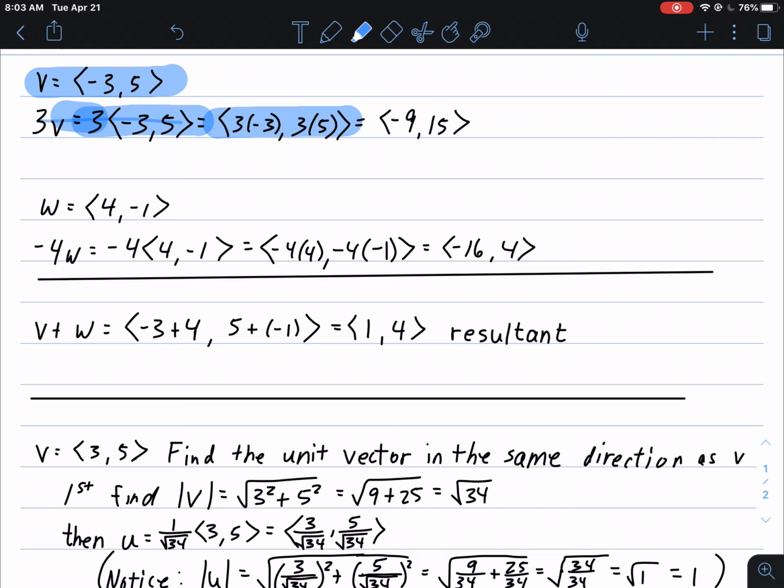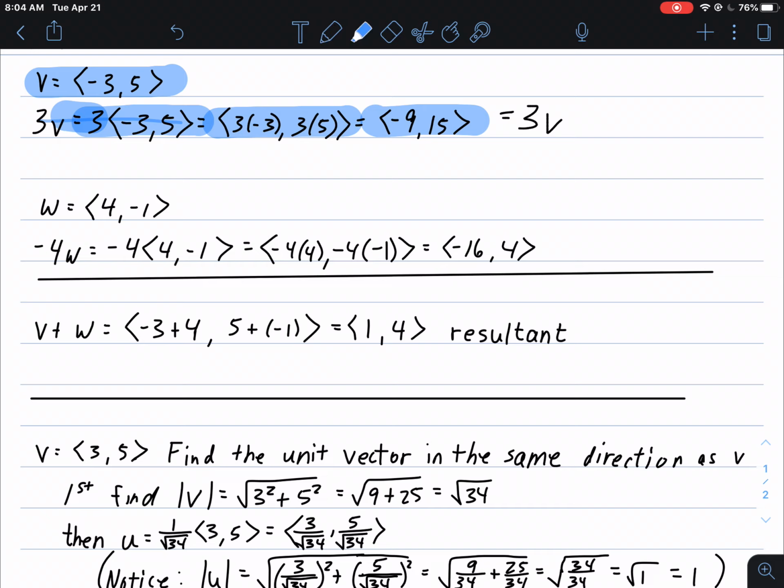So 3 times the first component, -3, gives me -9. 3 times the second component, 3 times 5, gives me 15. And so this vector 3v would have components -9, 15. Okay? And again, it's a vector in the same direction as vector v. It's just 3 times as long as vector v, or its magnitude would be 3 times the magnitude of vector v. Right, so there's nothing more to it than that.